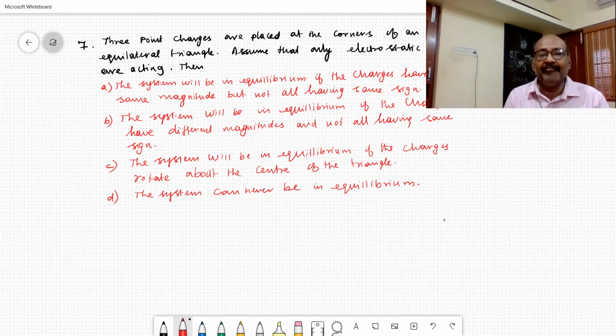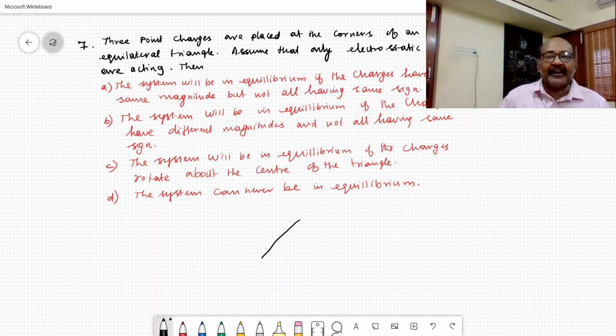Problem number 7. 3 point charges are placed at the corners of an equilateral triangle. Assume that only electrostatic forces are acting on them. Let us consider an equilateral triangle, having an angle between the two sides of 60 degrees.